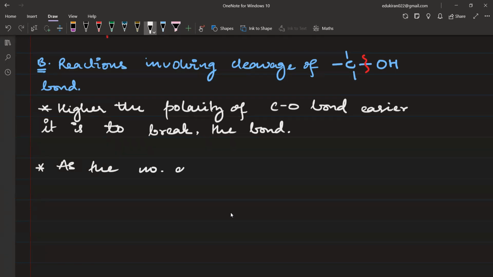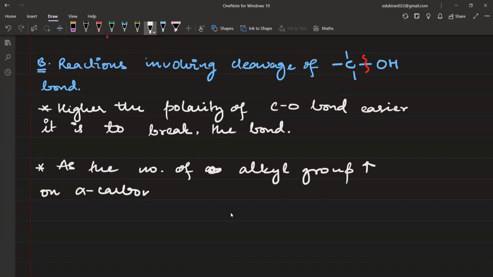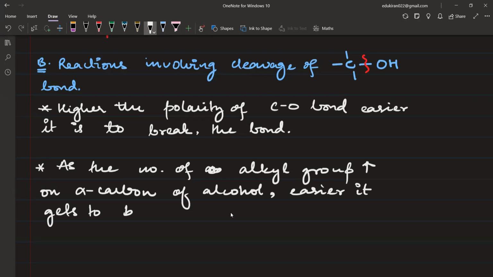Right next. As the number of alkyl groups increases on the alpha carbon of the alcohol, easier it gets to break the bond.